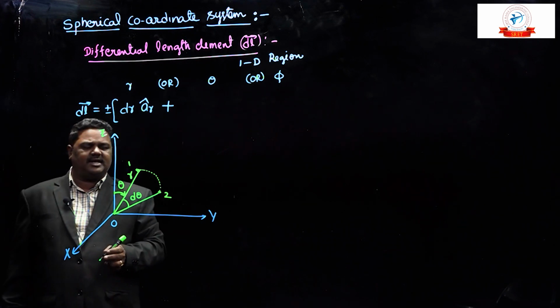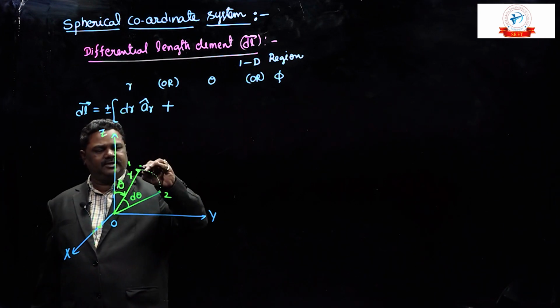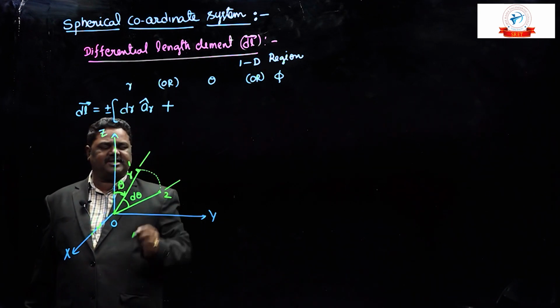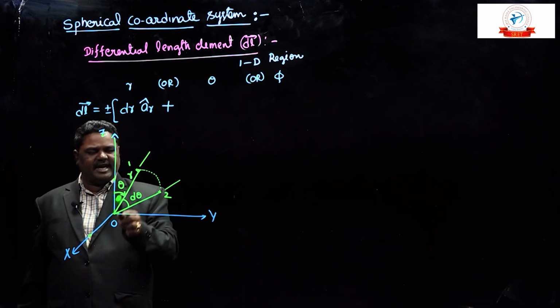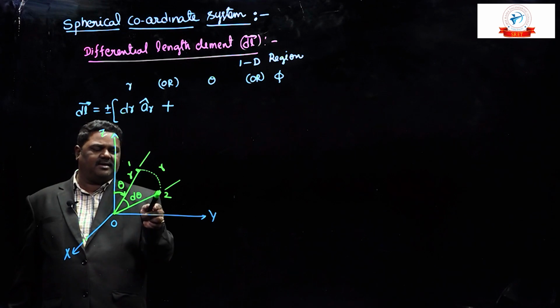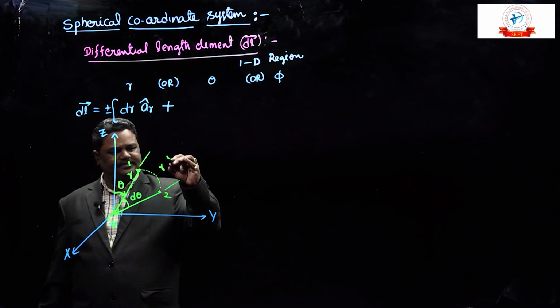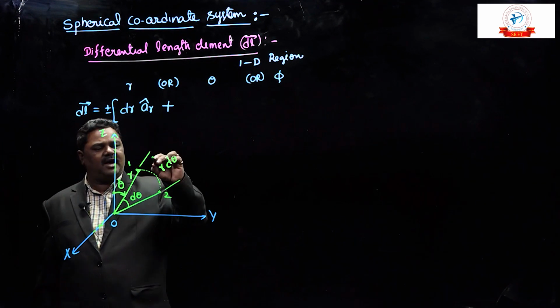The length of this arm is r, and the angle made by this arc is d theta, so r d theta is the arc length.